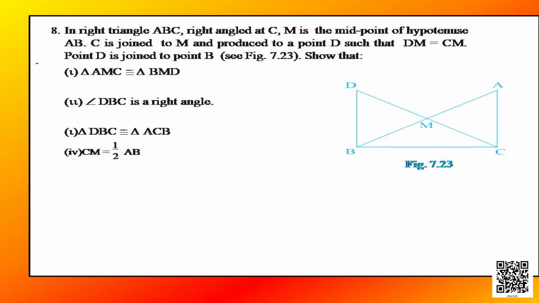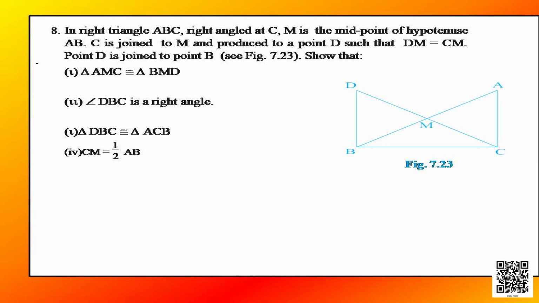It says, in right triangle ABC, right angled at C, M is the midpoint of hypotenuse AB. C is joined to M and produced to a point D such that DM is equal to CM.